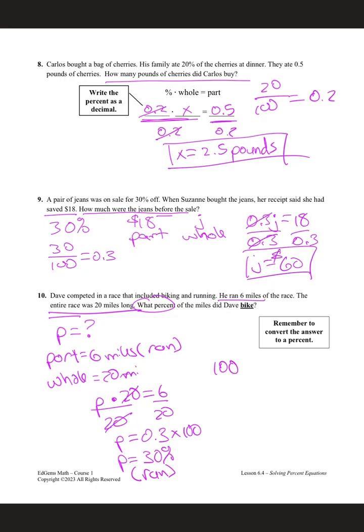So if he ran 30% of it, if we wanted to find out what he biked, we would subtract. So 100 minus 30, okay, equals 70%. So he ran 30%, okay, and then he biked 70%. So that's my final answer.